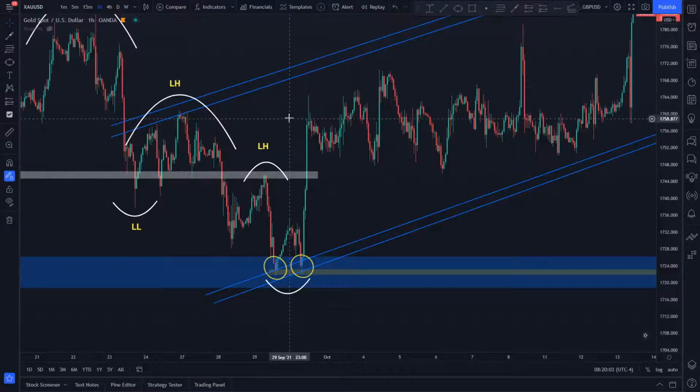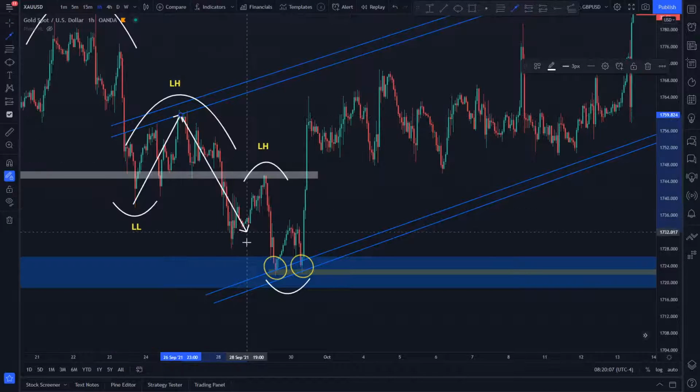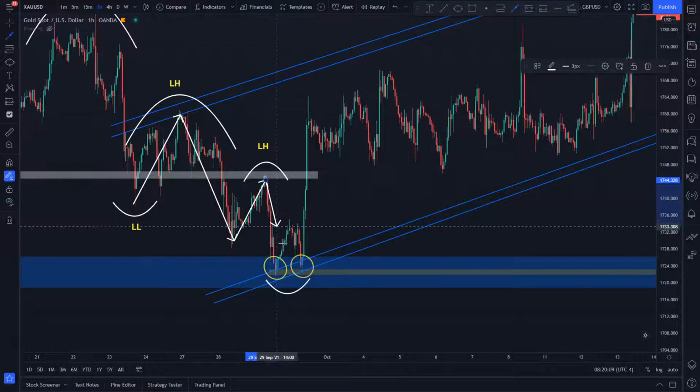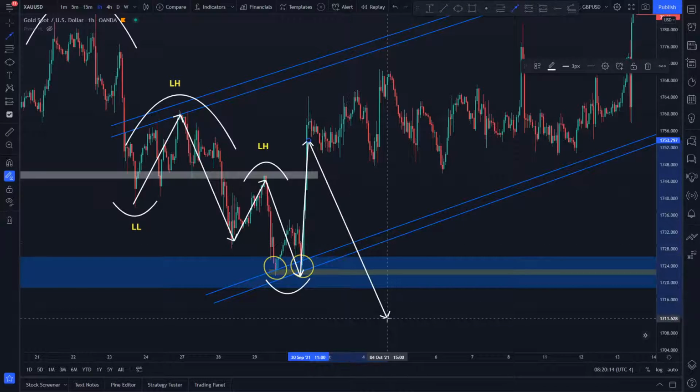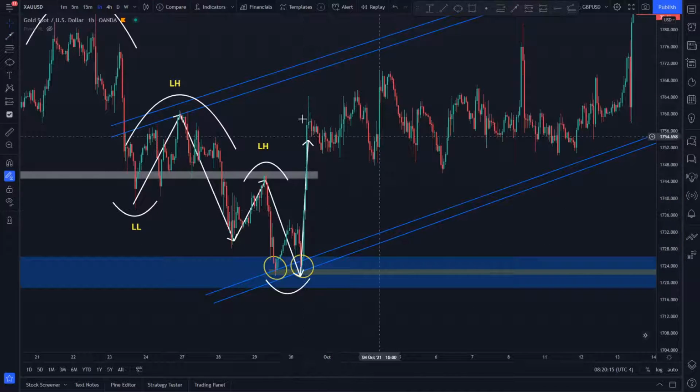Because in a market structure, we cannot have the market make lower lows and lower highs, and break the previous low high and then continue again to the downside. This just corrupts the natural trend of the market.